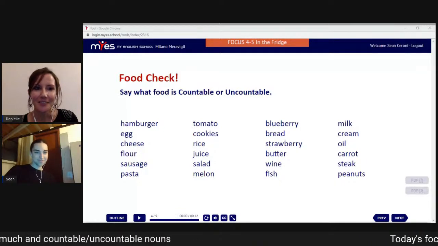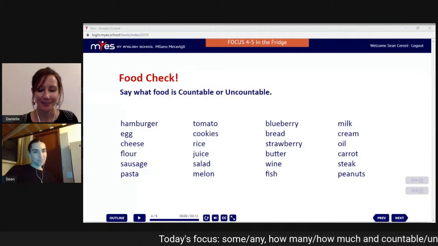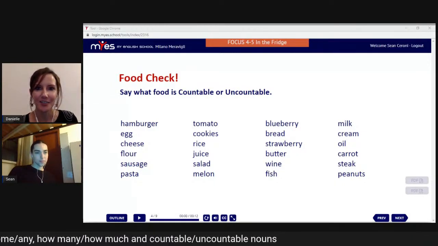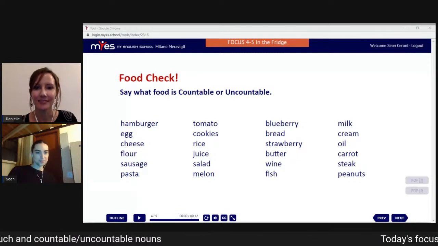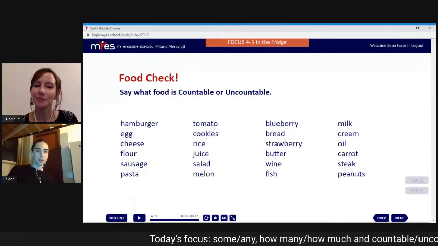So there's lots of different types of food in here. Maybe we should explain what some of them are as well. Some of them might be new to you guys. Definitely. So which ones do you think might be tricky there?